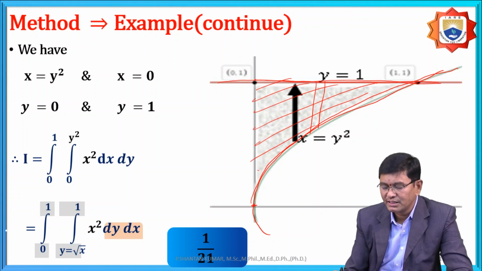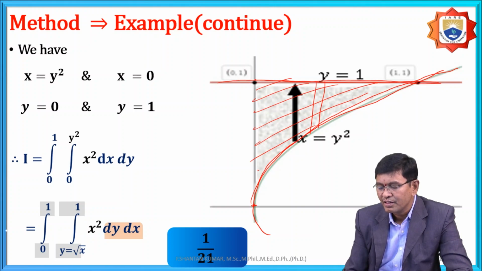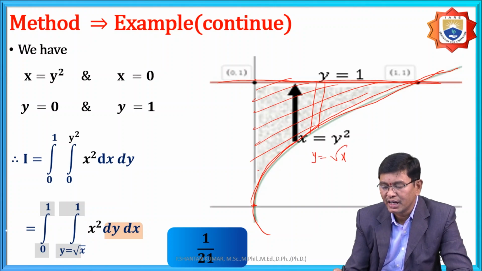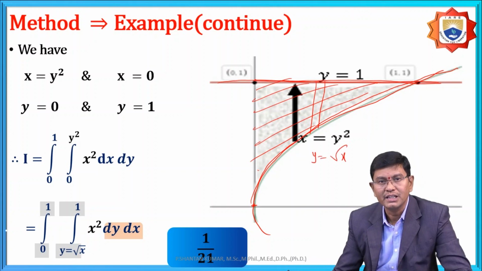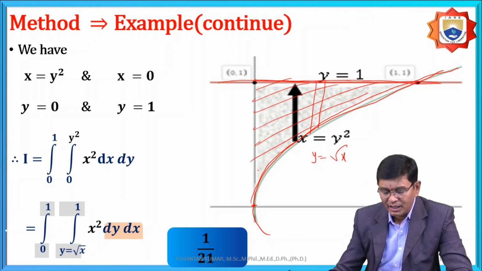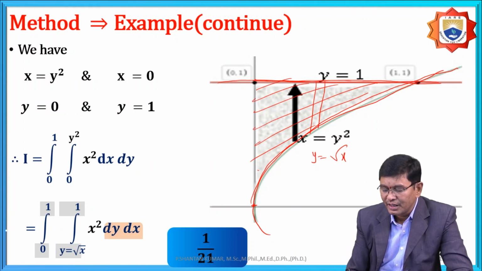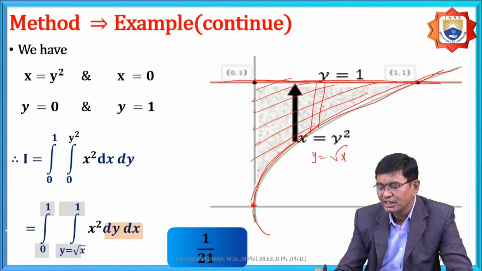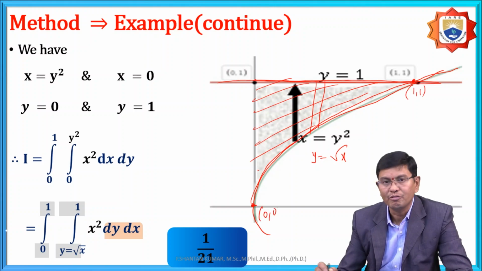Therefore, from x equals y square, clearly y equals root x. The upper limit is based upon the line y equals 1. The x limits are x equals 0 and the upper limit 1, so x goes from 0 to 1.